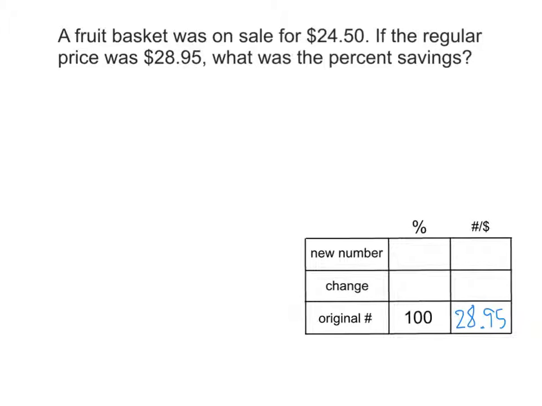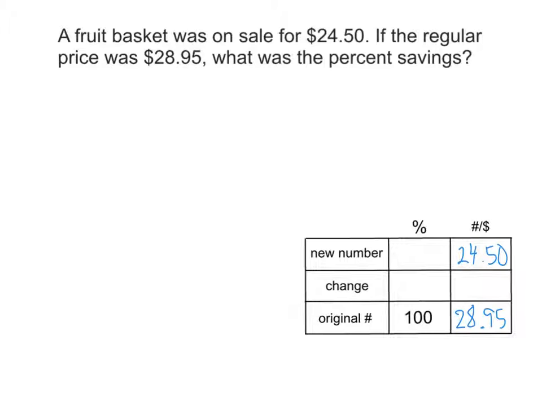That price was reduced to a new number because we want to know how much was saved from the original price of $28.95, which means that the new price, or in this case the sale price, was $24.50.